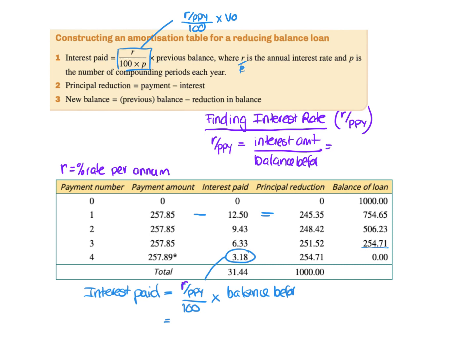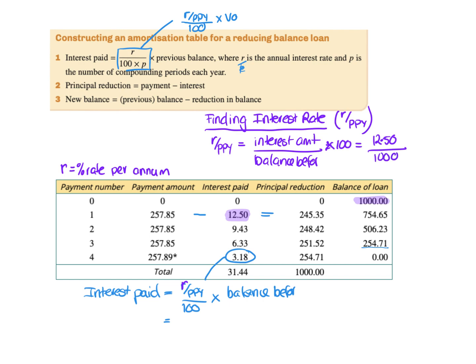I've chosen to pick this 1250, so I'm going to highlight it in purple so you can see. That's the interest amount. And sorry, it's times 100. So the interest amount I'm picking is 1250, and I'm going to divide by the balance before, which would be 1,000.